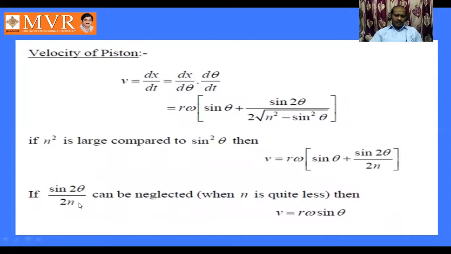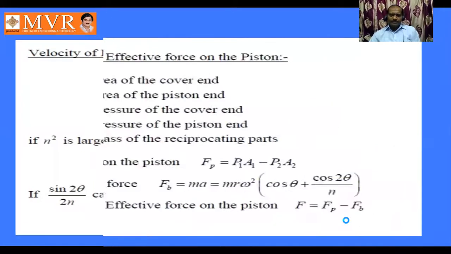If sin 2 theta by 2n can be neglected, n being quite large, then v is equal to r omega sin theta. That means the velocity of an object depends upon the radius, angular speed and angle subtended. This we have to remember. I repeat once again, it depends upon the radius, angular speed and theta, that is swing.